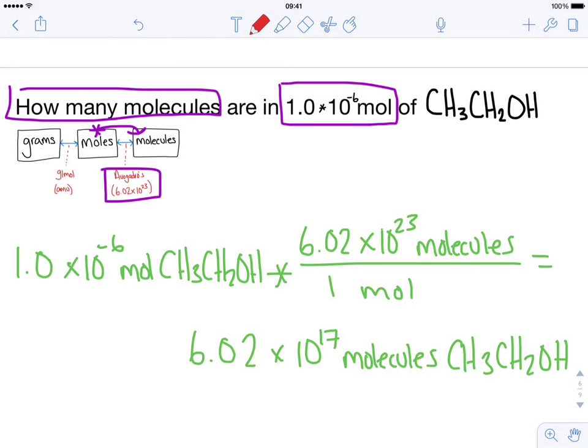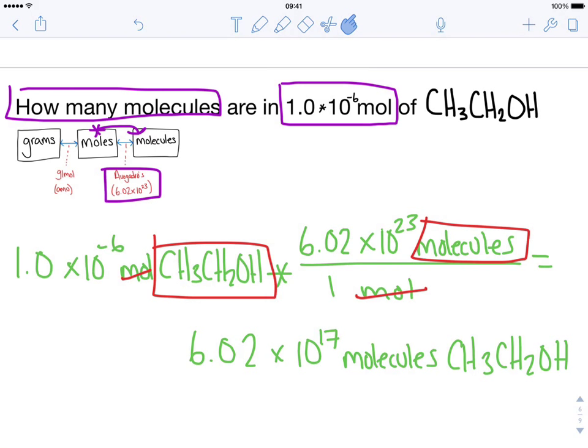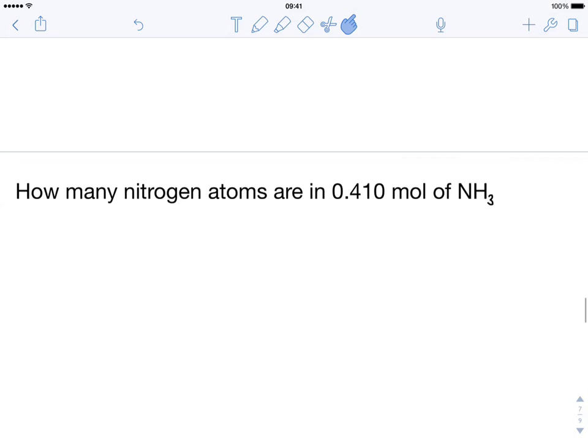Because if we look here in the question, moles cancels out with moles, and I'm left with CH3CH2OH and molecules, and that answers our question. So there are 6.02 times 10 to the 17th molecules of CH3CH2OH in 1.0 times 10 to the negative 6 moles. Okay, now let's do another question.